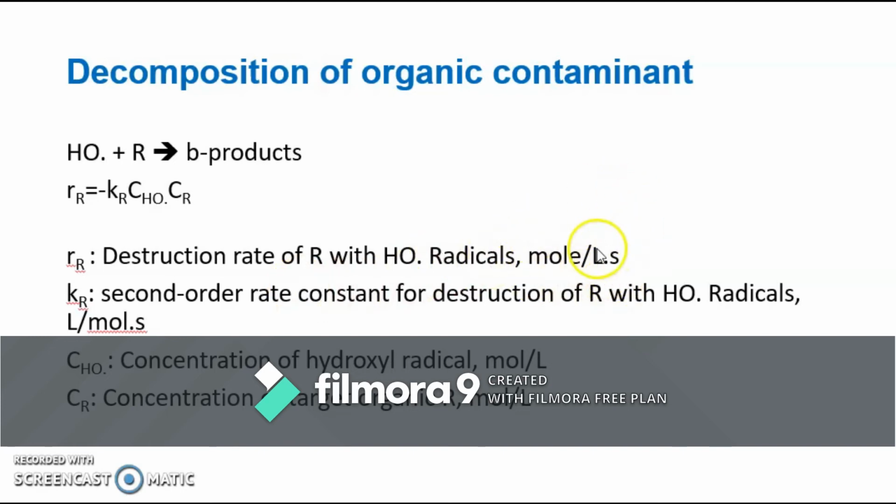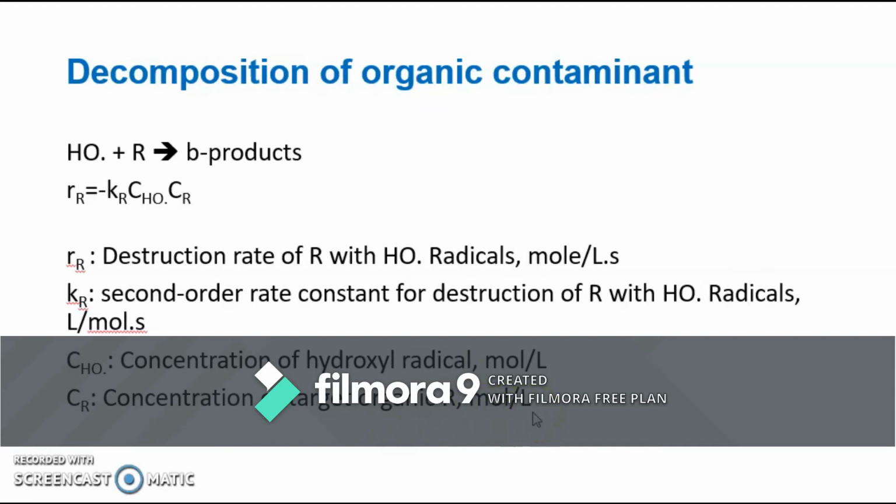The unit is mole per liter second. And then we have the second order rate constant for destruction of organics with hydroxyl radicals. The unit is liter per mole second. We need to have the concentration of hydroxyl radicals, mole per liter, and concentration of target organic contaminant, which is mole per liter.